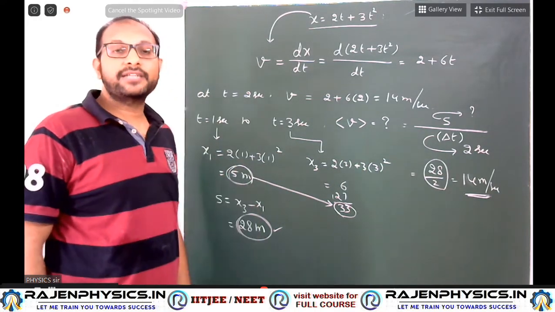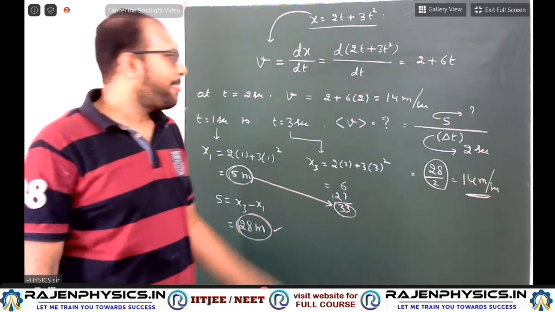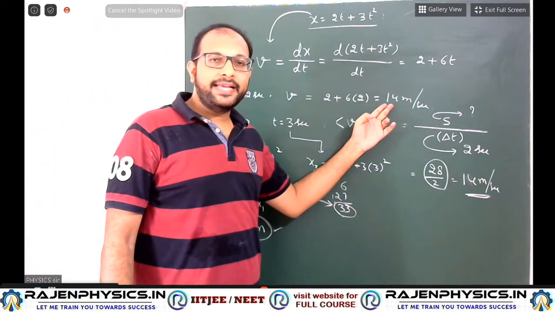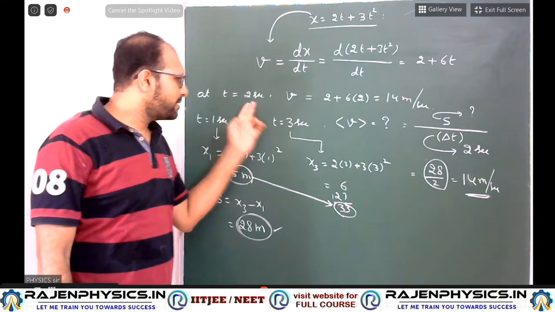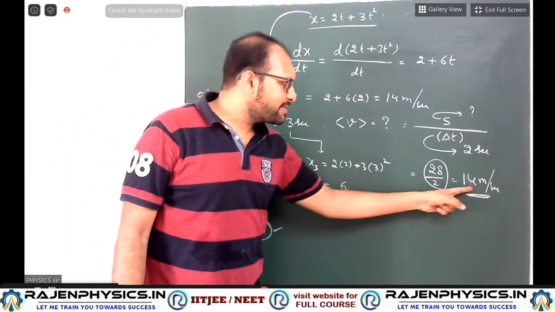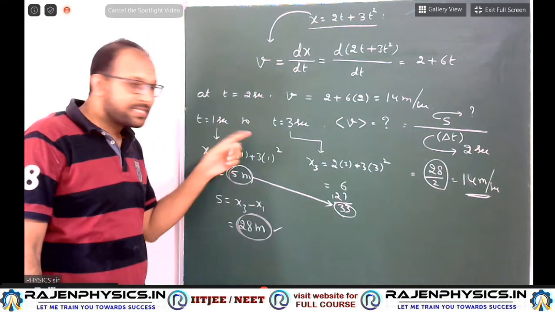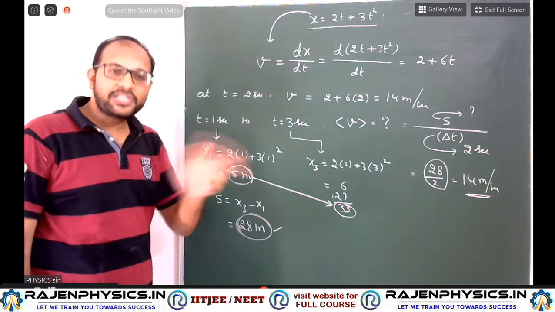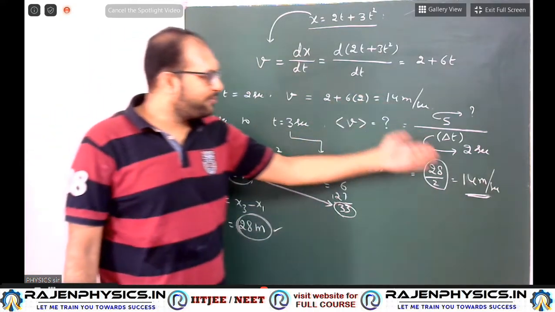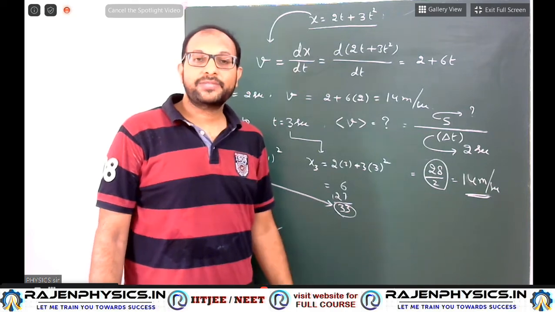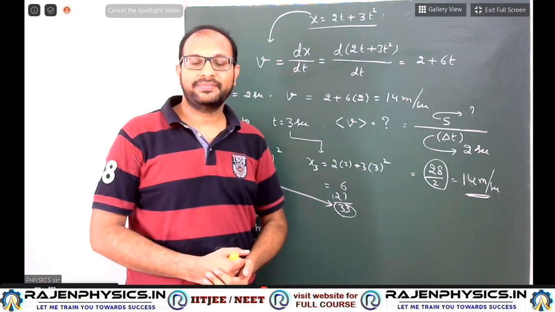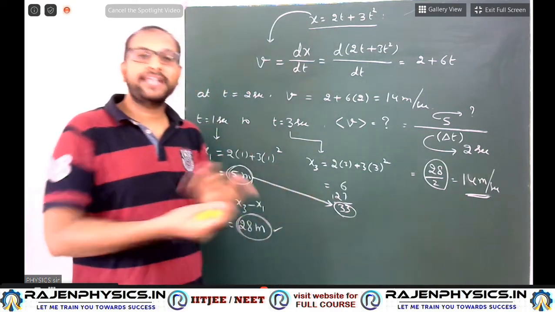But some students may now be confused. Instantaneous velocity at 2 seconds and average velocity over the 2 seconds duration are the same, 14. That's why some students may feel both are the same. But in this example, they coincide.